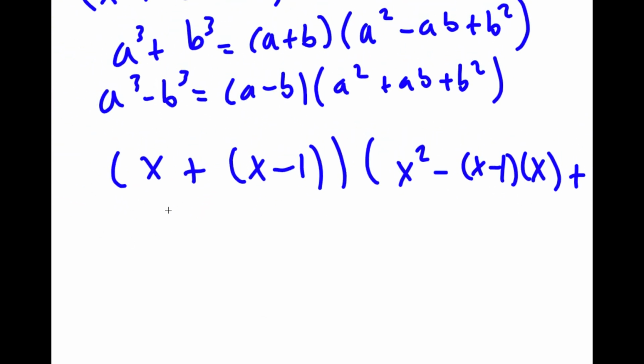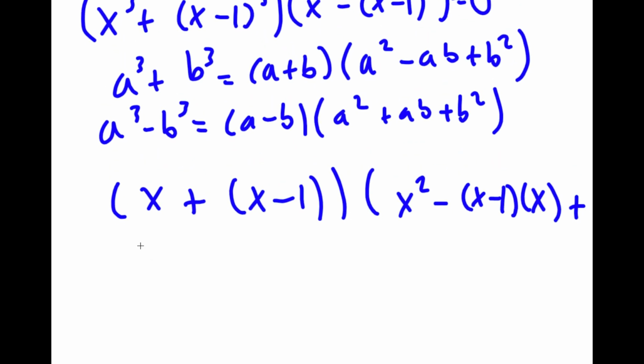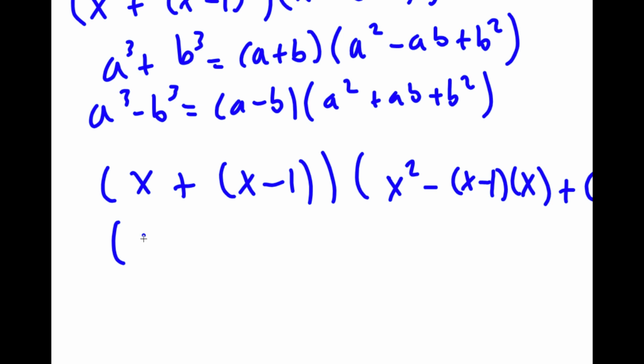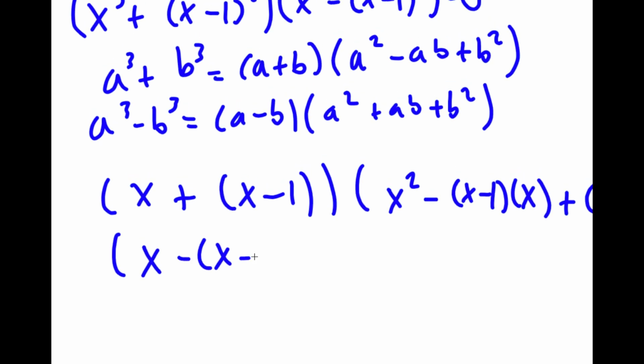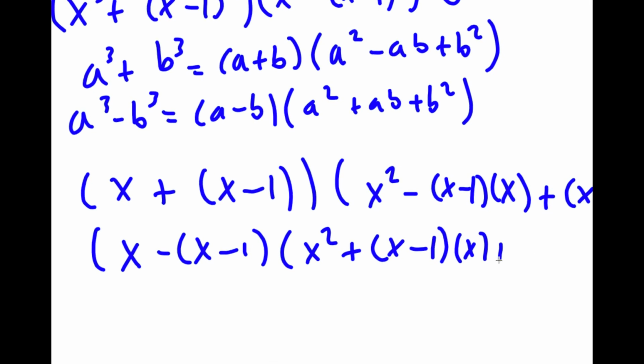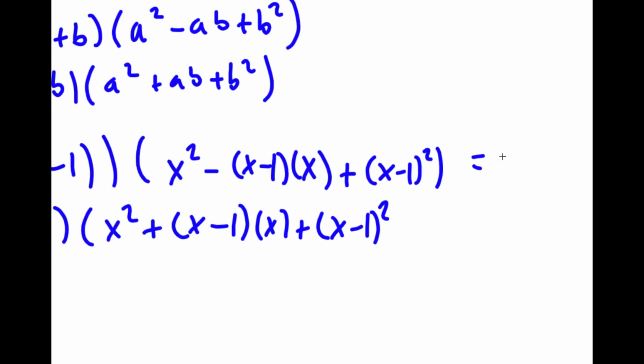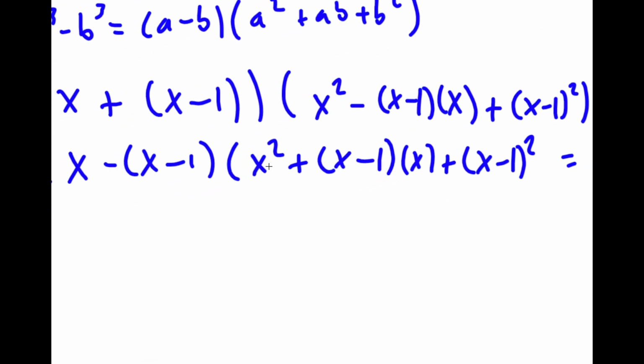And then we have this times x minus x minus 1 times x squared plus x times x minus 1 plus x minus 1 squared. And these two are actually separate equations. So this is equal to 0 and this is equal to 0.